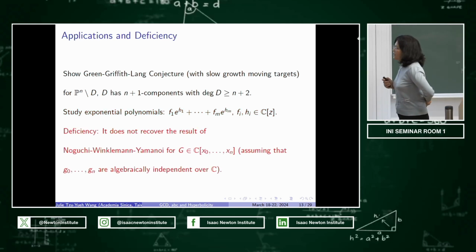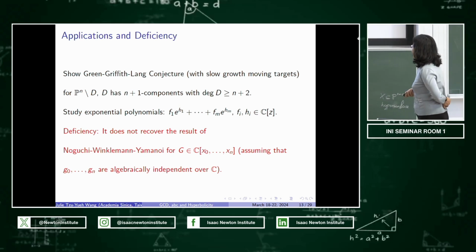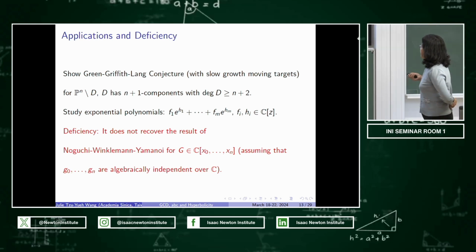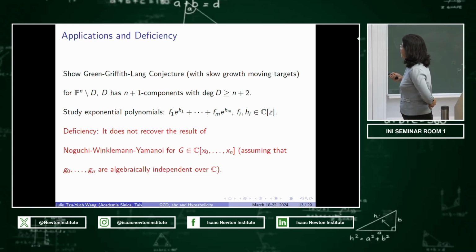Okay, but it also has a disadvantage. For example, if you remember, we started with a polynomial. We can start with a polynomial over C, but our statement still tells you that you need multiplicative independence over a small field. In other words, this method does not recover Noguchi, Winkelmann, and Yamanoi's result in the corresponding case.